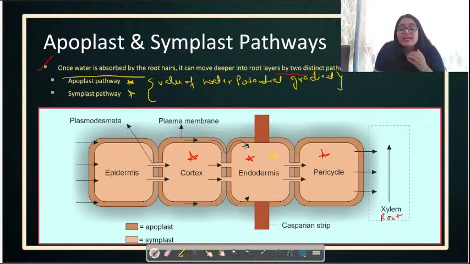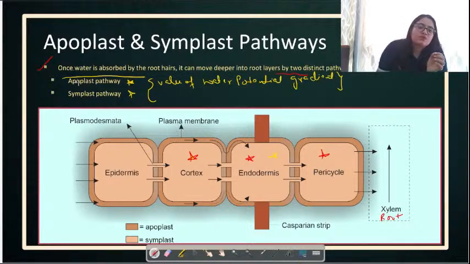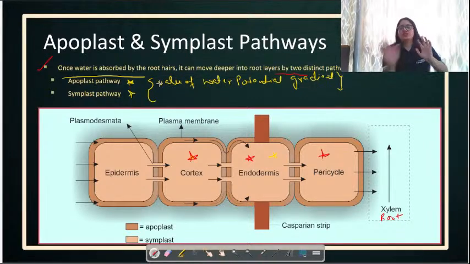So water is bound to move strictly via symplast in order to cross the endodermis layer and reach the root xylem. So there are several conditions that I told you. One I have already explained, but the major one that decides whether the plant will take the apoplast or symplast is the value of the water potential gradient.